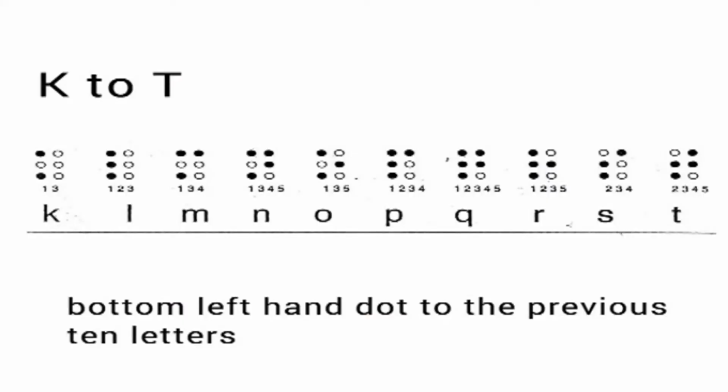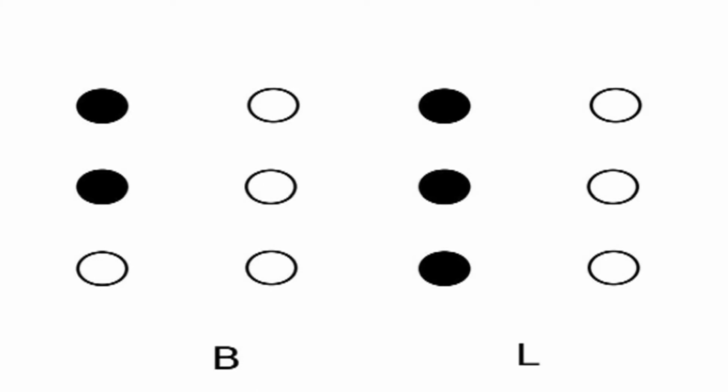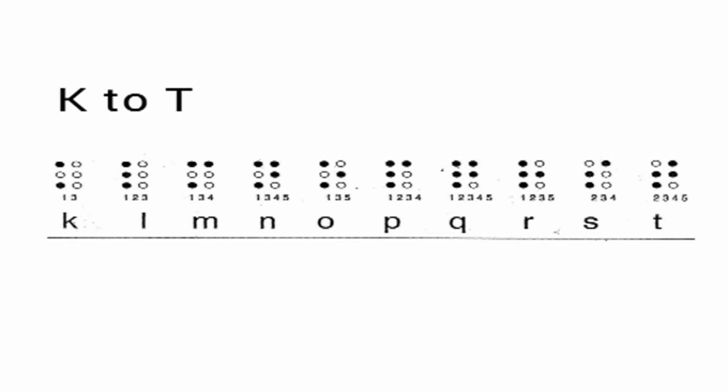The next 10 letters, K to T, are composed by adding the bottom left hand dot to the previous 10 letters. Thus, when the top left hand dot, which is generally A, is accompanied by the bottom left hand dot, it becomes K. Next comes L, which is made by adding the same dot to the formation that means B. This pattern continues up to T.